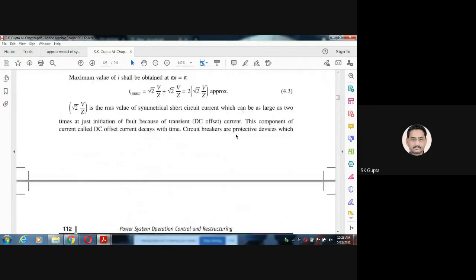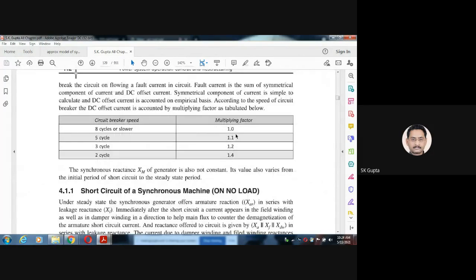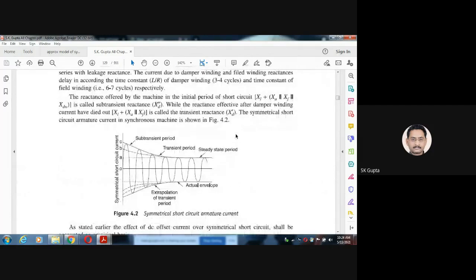Actually, it is a leakage reactance first, and in the steady state, versus during the disturbance, the field winding and the damper winding also come into the picture. The damper winding comes into the picture when there is a disturbance, because it tries to damp out the different oscillations.